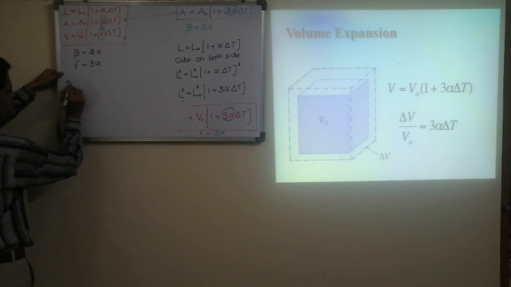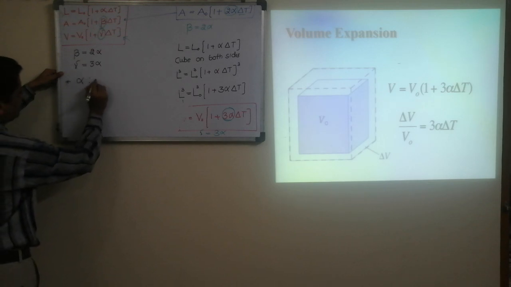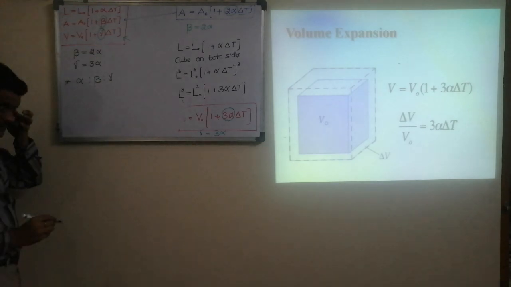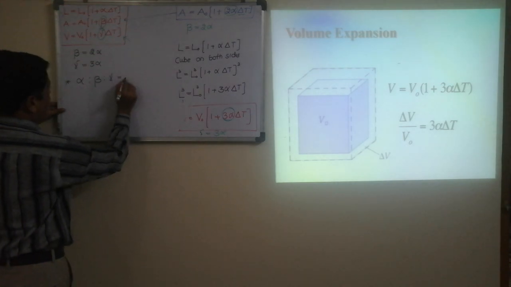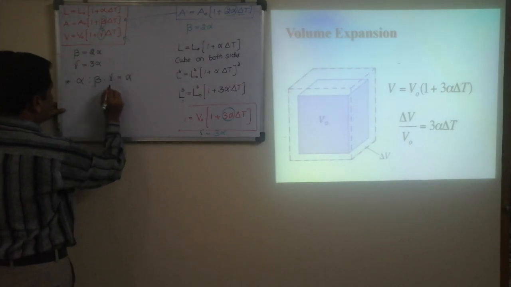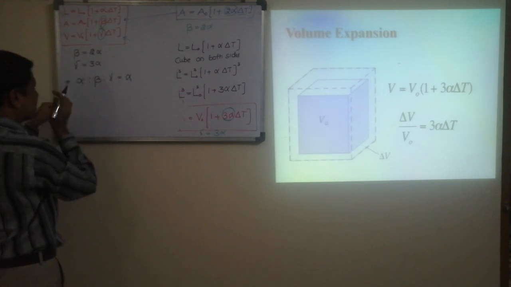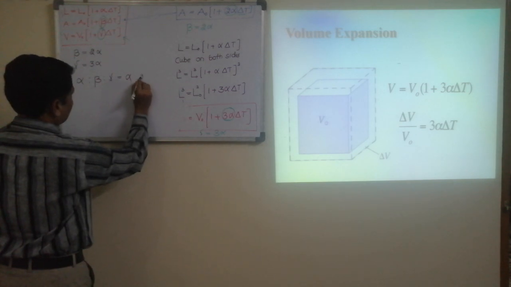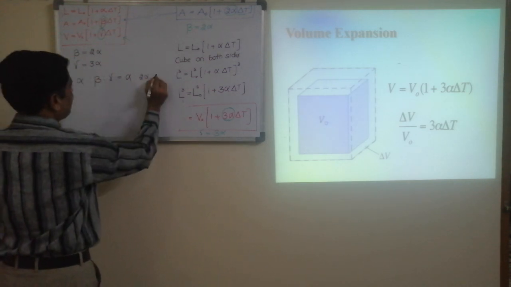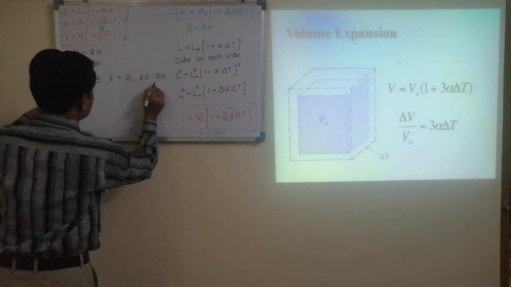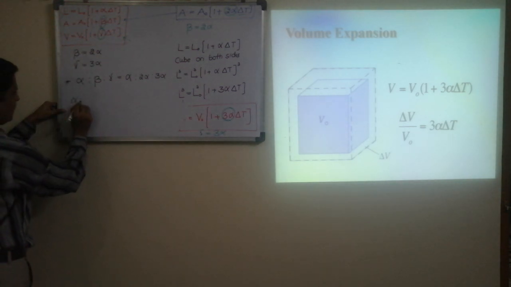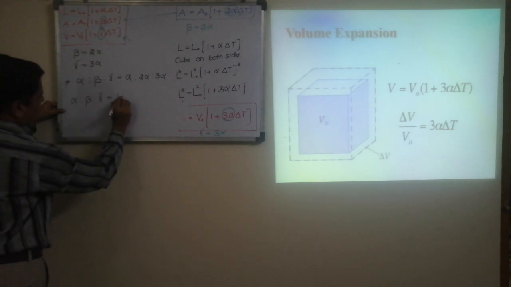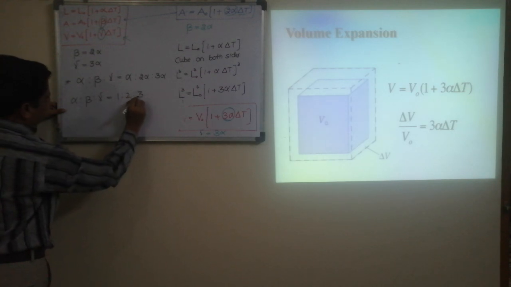It means if I ask you the ratio of alpha to beta to gamma, then I can write alpha as it is, beta can be written as 2 times alpha, gamma can be written as 3 times alpha. Since alpha is common, alpha is to beta is to gamma is equal to 1 is to 2 is to 3.